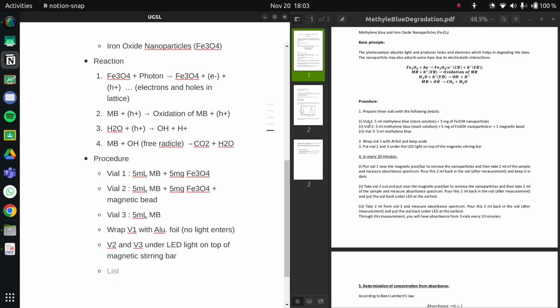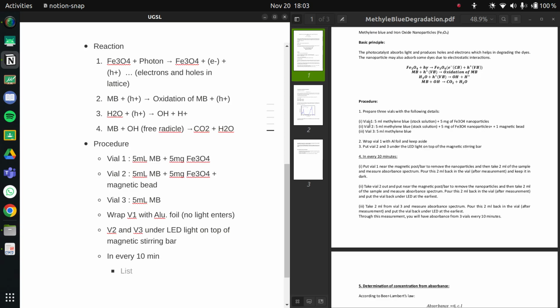Okay, just as I remember, put vial 1 near the magnetic post or bar to remove the nanoparticles, and then take 2 ml of the sample and measure absorbance spectrum in every 10 minutes. Put vial 1 near magnet to remove the nanoparticles, remove Fe3O4.